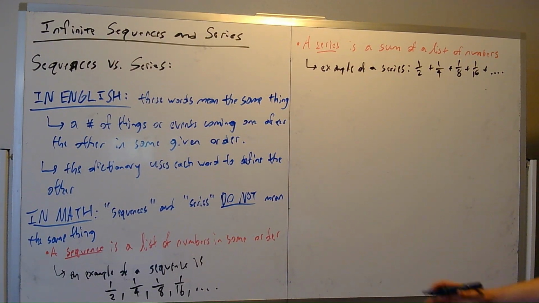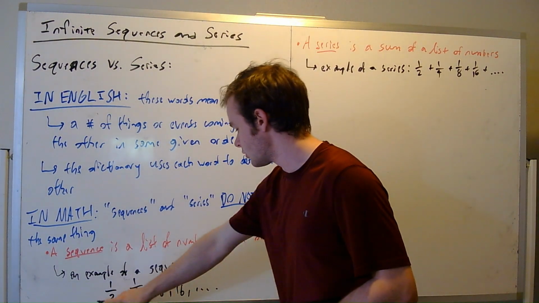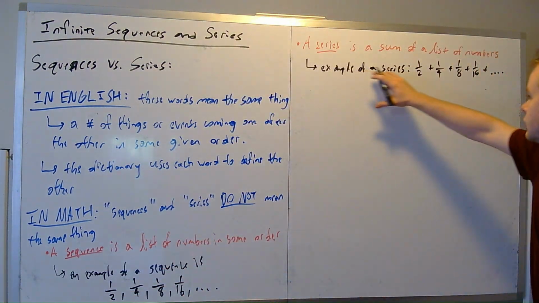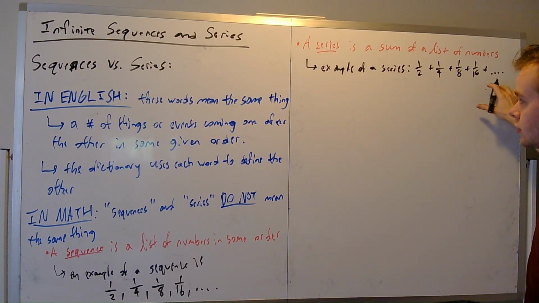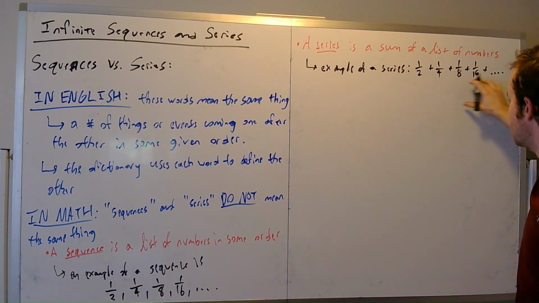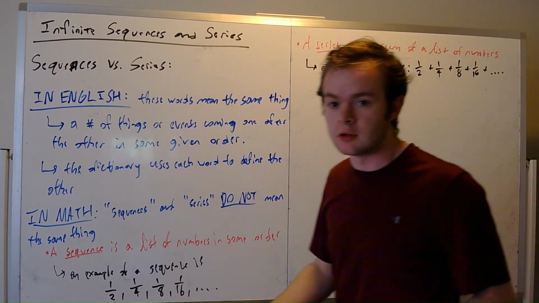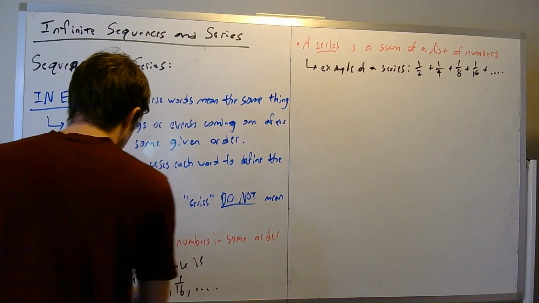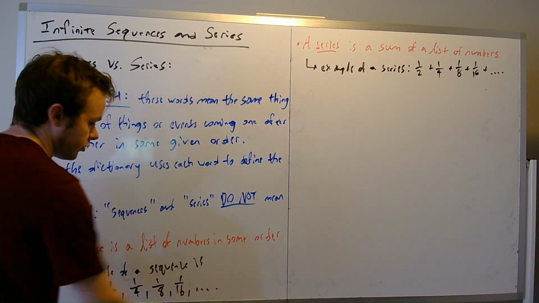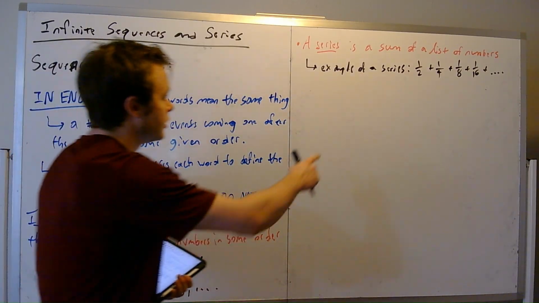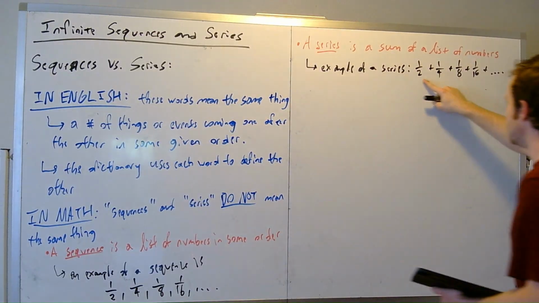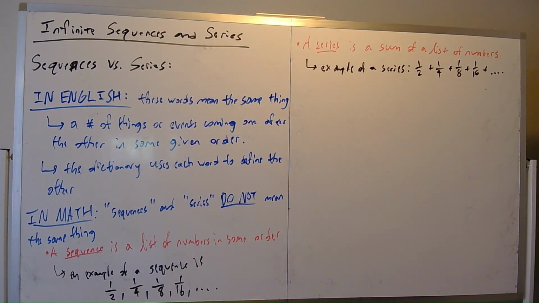Right? So here the difference is, and this is a very important difference, this is key to the whole chapter. The difference is a sequence is just a list of numbers, whereas a series is a list of numbers that we're adding together. So this is actually just a number, a series, right? If you add a bunch of numbers together, you either get a number or you get infinity. And a sequence is just a list of numbers. So a sequence is a potentially infinite list of numbers. A series is a potentially infinite sum of numbers. So that's the difference there.